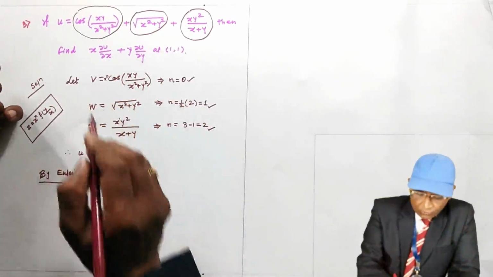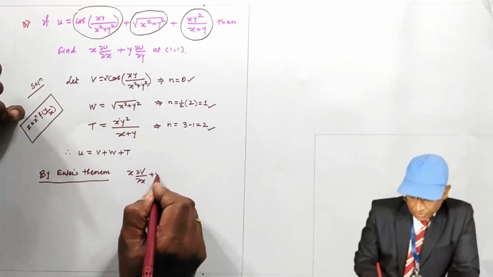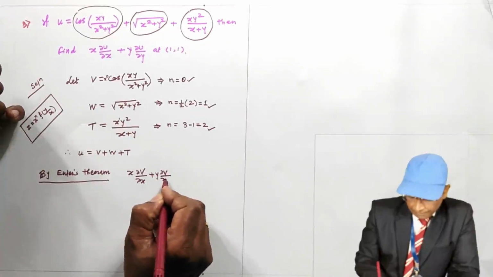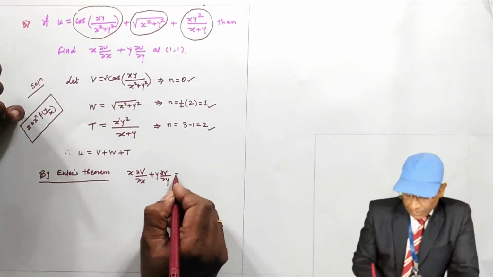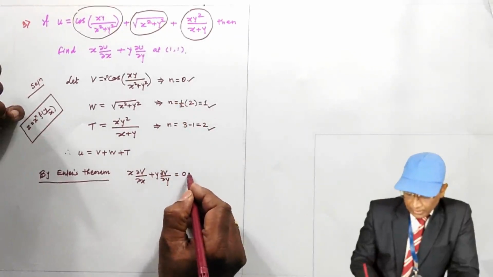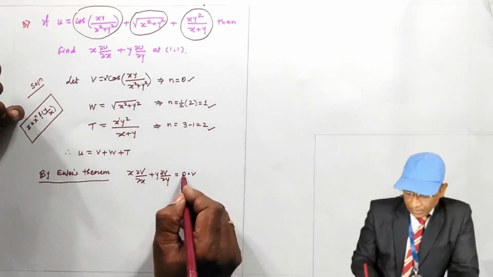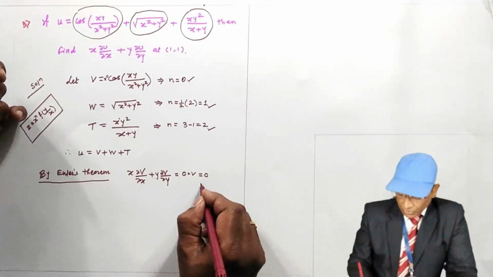By Euler's theorem for v, x del v by del x plus y del v by del y is equal to n. n is 0. 0 into v. And 0 multiplied by v is what? 0. Okay, this is our equation 1.